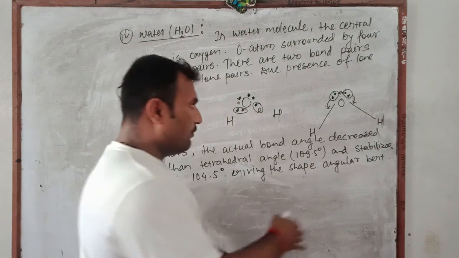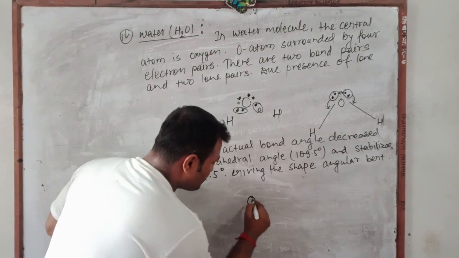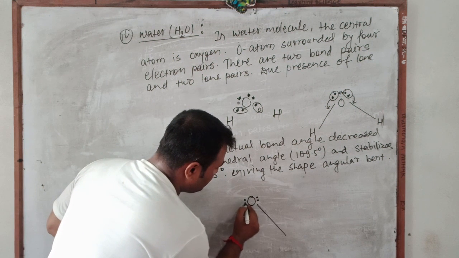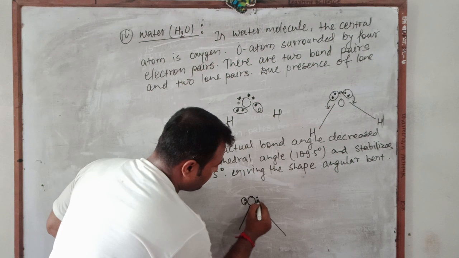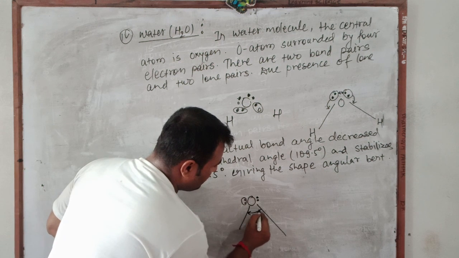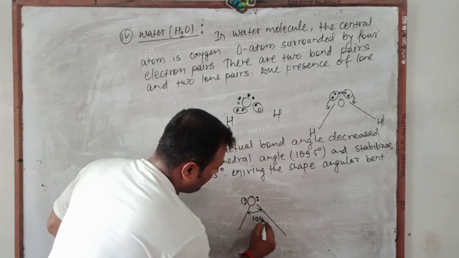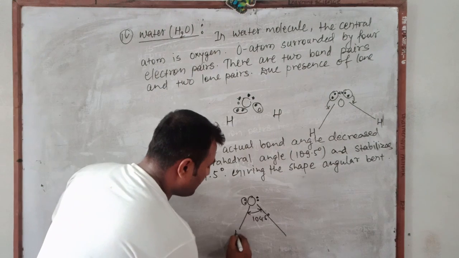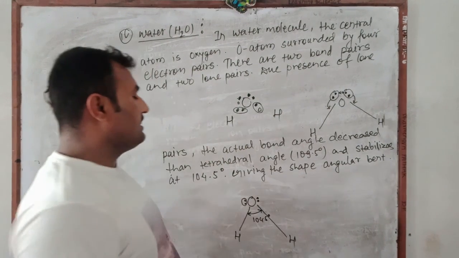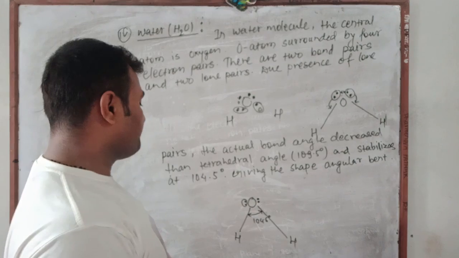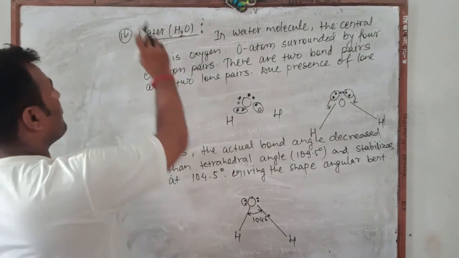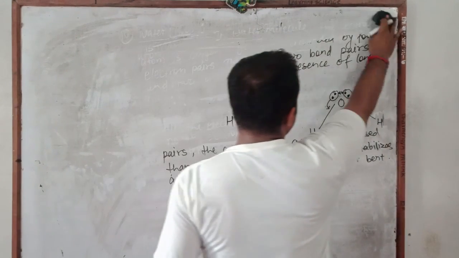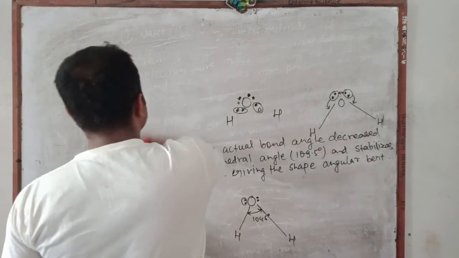It gets bent downward, giving an angular shape to minimize repulsion. That angle will be nearly 104.5 degree. This is the shape of the water molecule.